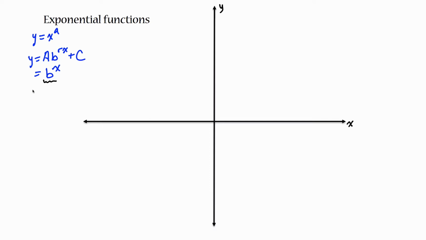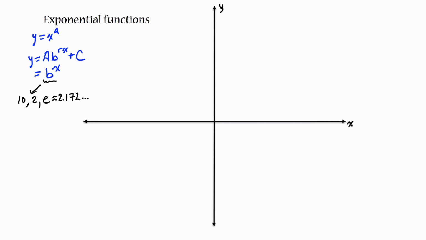The most common bases used in exponential functions tend to be 10, 2, and e, which is approximately equal to 2.172, but is actually an irrational number that goes on forever. And I'll talk more about that later. But for now, just go with it.